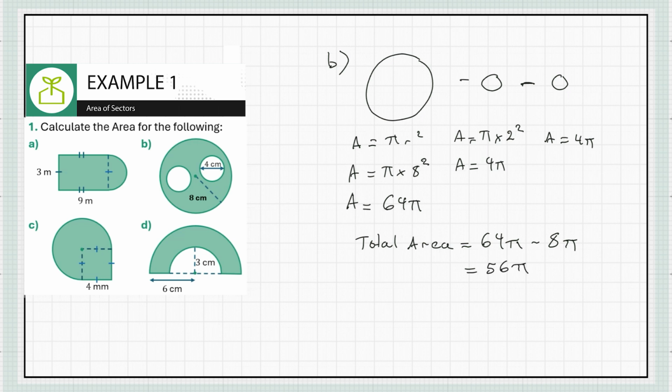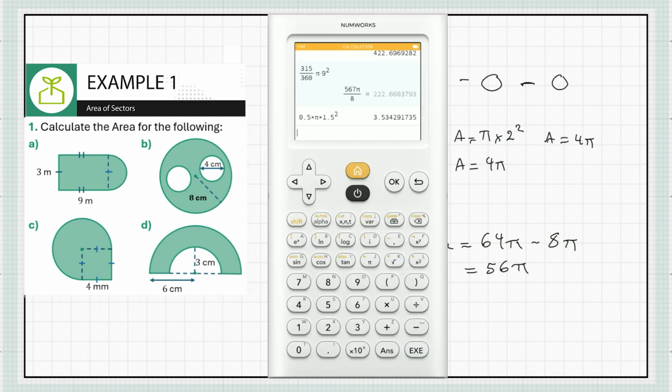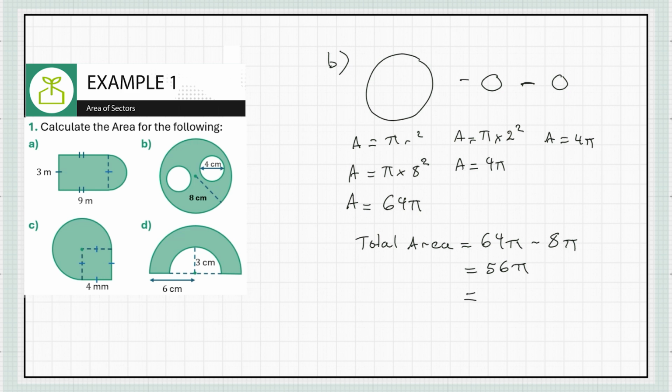So we can put 56 groups of pi into our calculator. So 56 times pi, hit execute, and we get 175.93, and that's in centimeters squared.